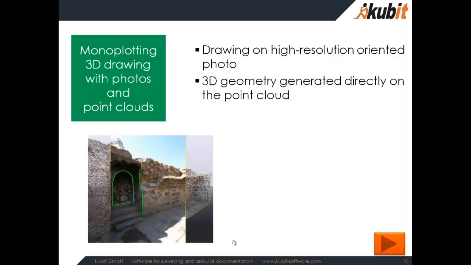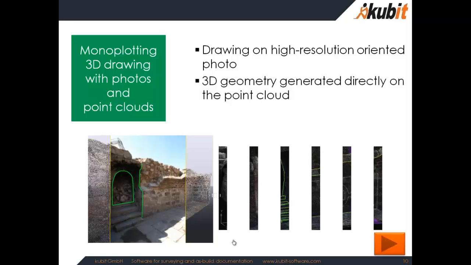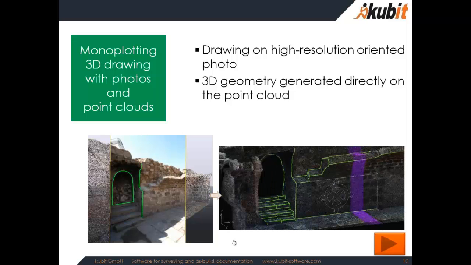I guess many users in archaeology do have Riegl scanners because you have longer distances to scan, and Riegl scanners do automatically also create oriented images, and this way you can combine the less dense point cloud with the high resolution image you've created.